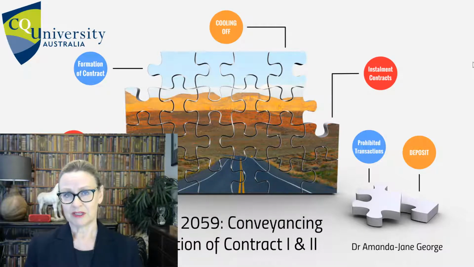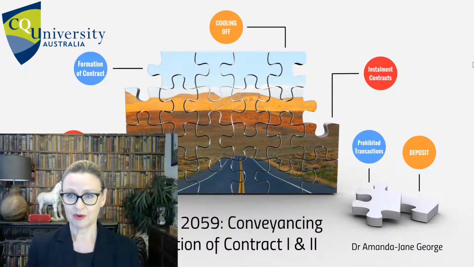Then the other thing we need to think about is instalment contracts, and it's in a little red circle for a reason. Quite often these kinds of contracts are not entered into in a designed sense, that is not a planned sense, they just kind of happen, which is rather unfortunate because of the restrictions that flow with instalment contracts. So we need to have a look at that.